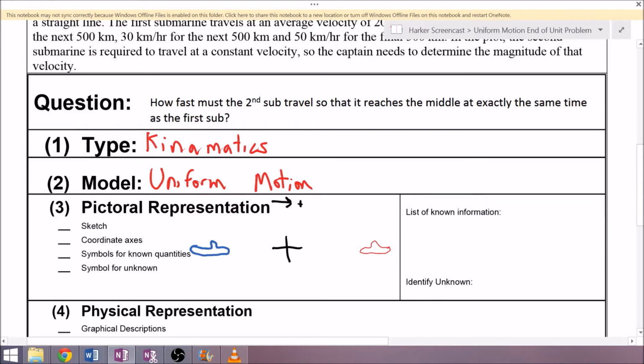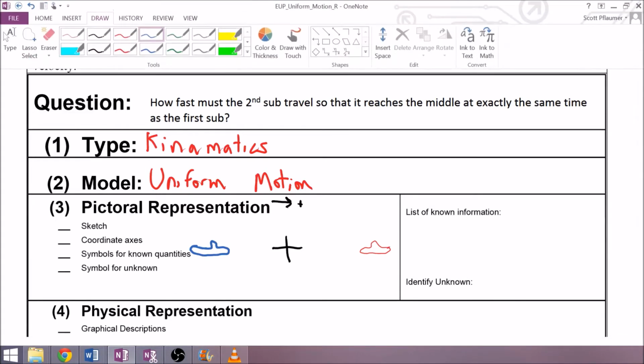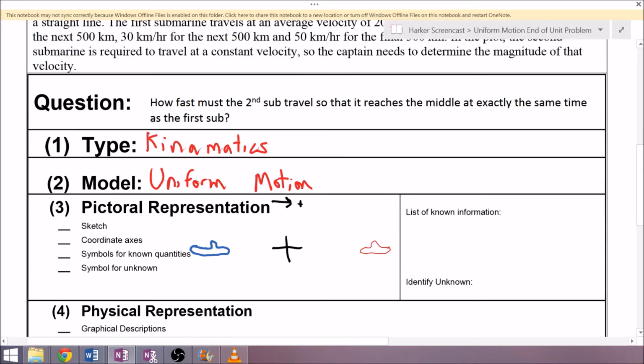You can see that they should be equally far from the center where they meet. We also know that the first submarine takes 4 motions, and each one it goes 500 kilometers. So overall it had to travel 2,000 kilometers, and since the other blue one is equally far at the beginning, it has to go that far as well.